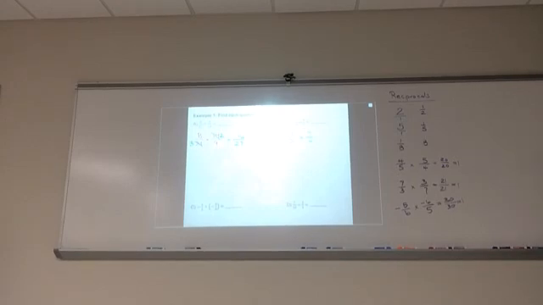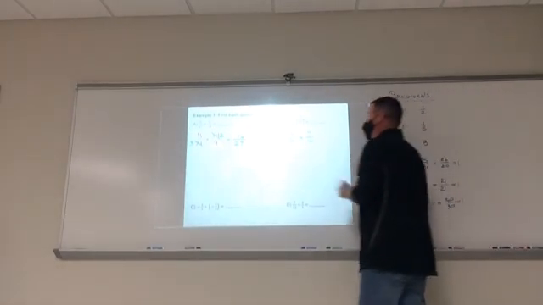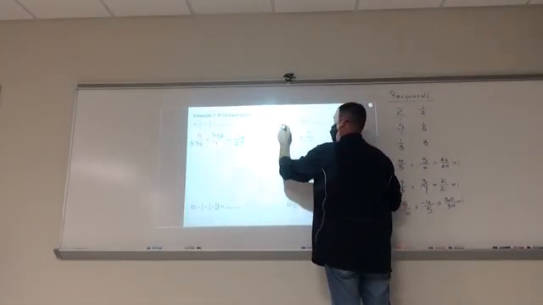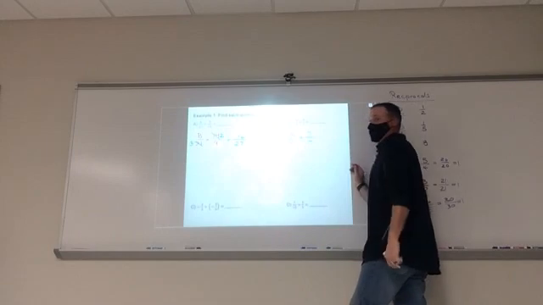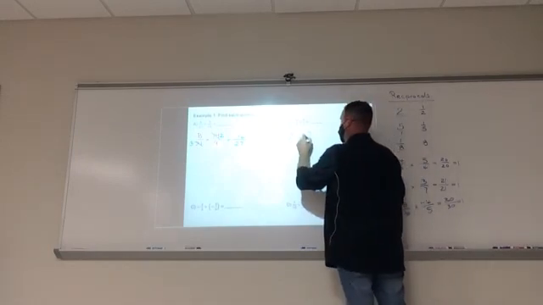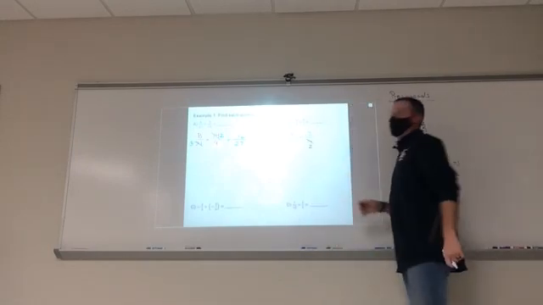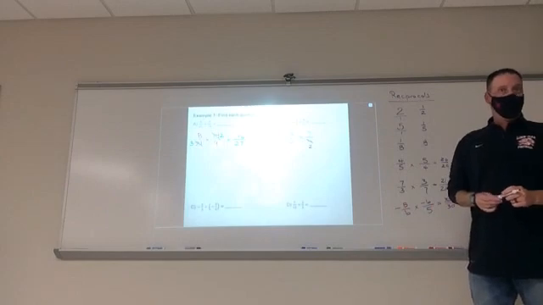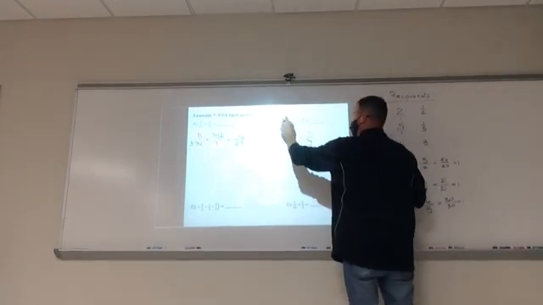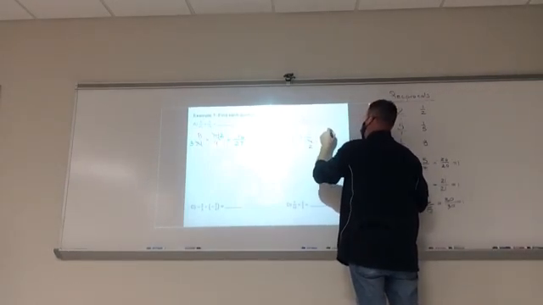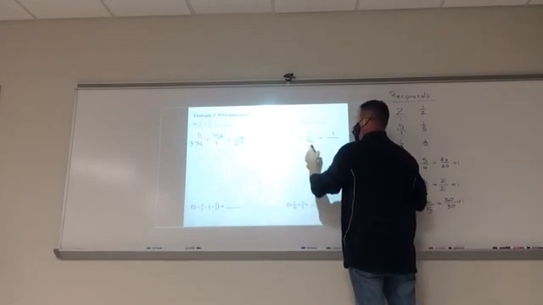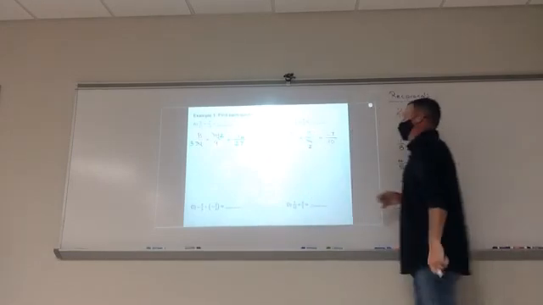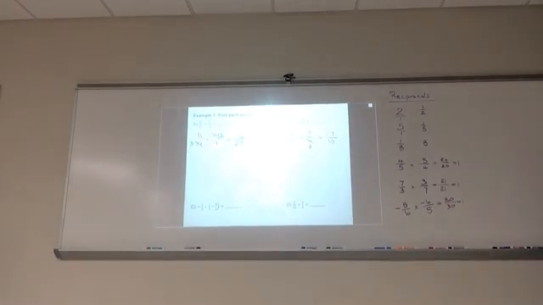Yes. What is it? 2. If we take negative 2 divided by 2, we get negative 1. If we take 4 divided by 2, we get 2. Any other common factors? No. Negative 1 times 7 is negative 7 over 2 times 5, which is 10. Our final answer should be negative 7/10.